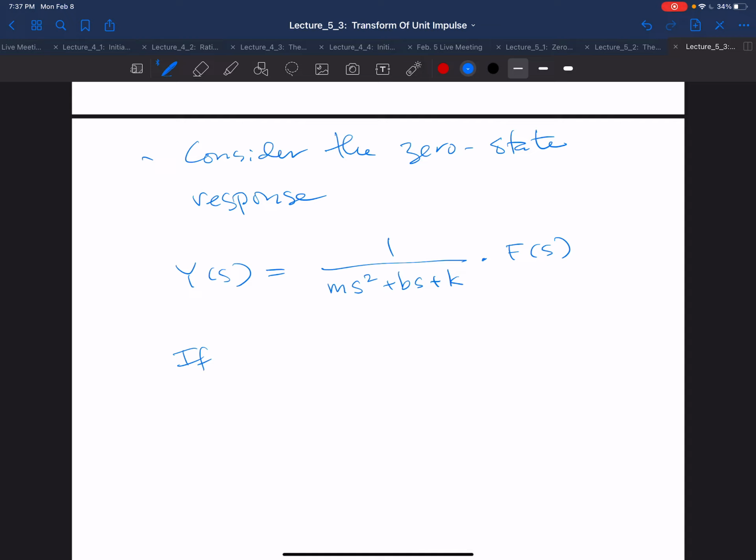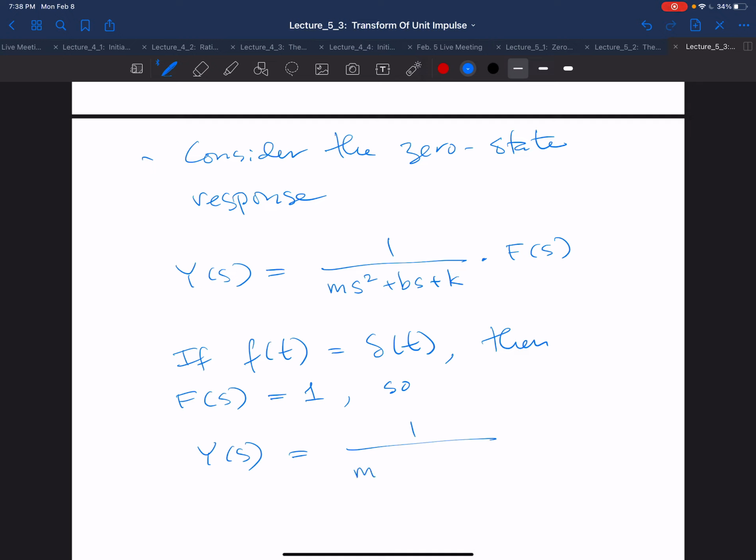If our forcing function has the form of a unit impulse, its transform f of s is just equal to 1. So y of s equals 1 over ms squared plus bs plus k itself.